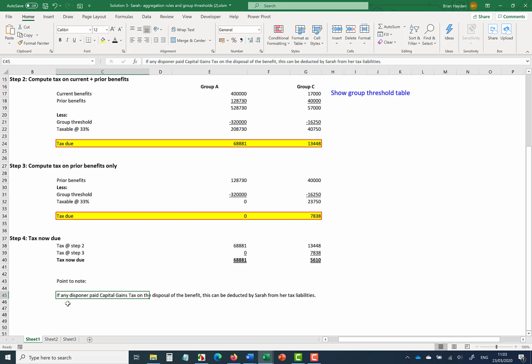This would apply to the share disposal. There wouldn't be CGT on an inheritance. It's just one of the rules that applies to capital gains tax and inheritances.